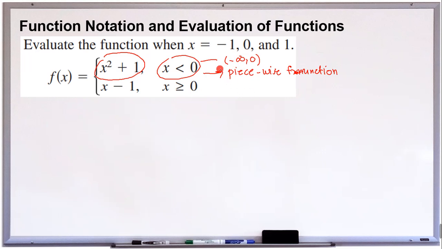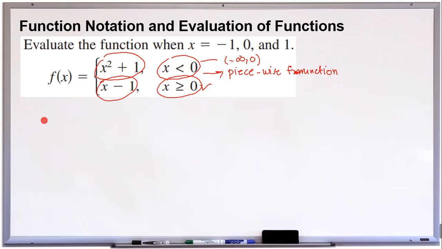For values of x that are greater than or equal to 0, you cannot use x squared plus 1 instead. So we have here a second domain, where x is all real numbers that are greater than or equal to 0. For this particular domain, the function will only exist if you use this one, x minus 1.